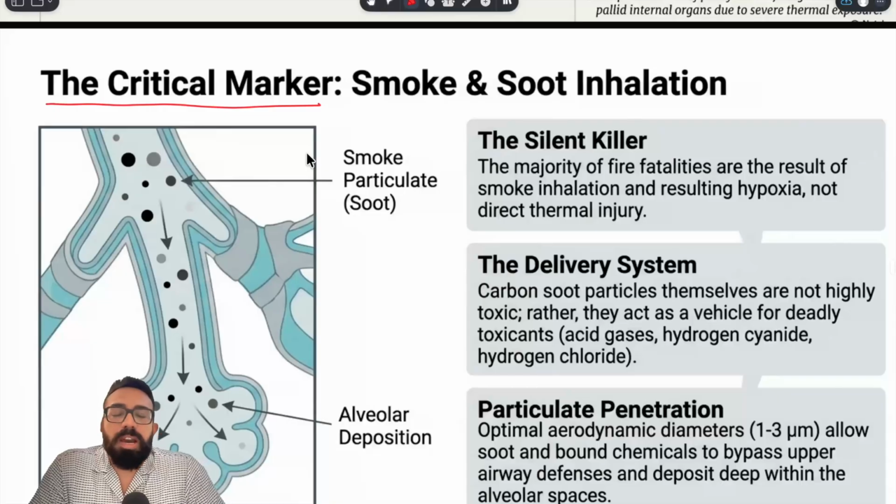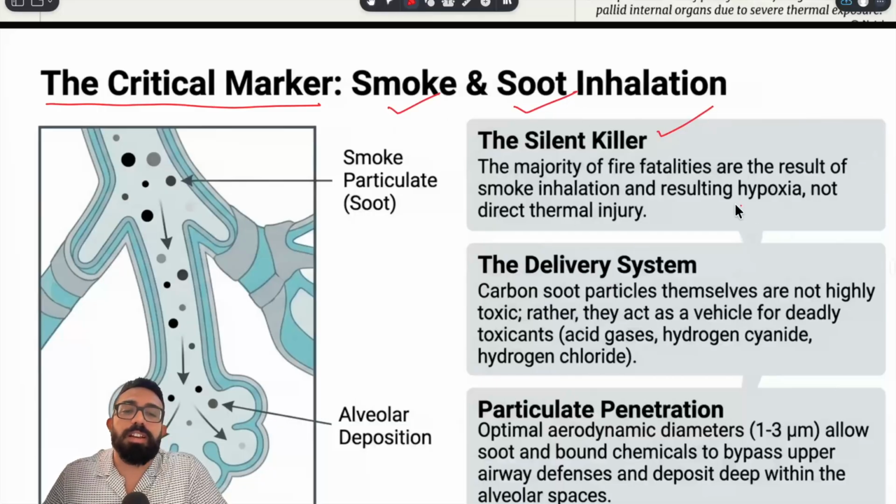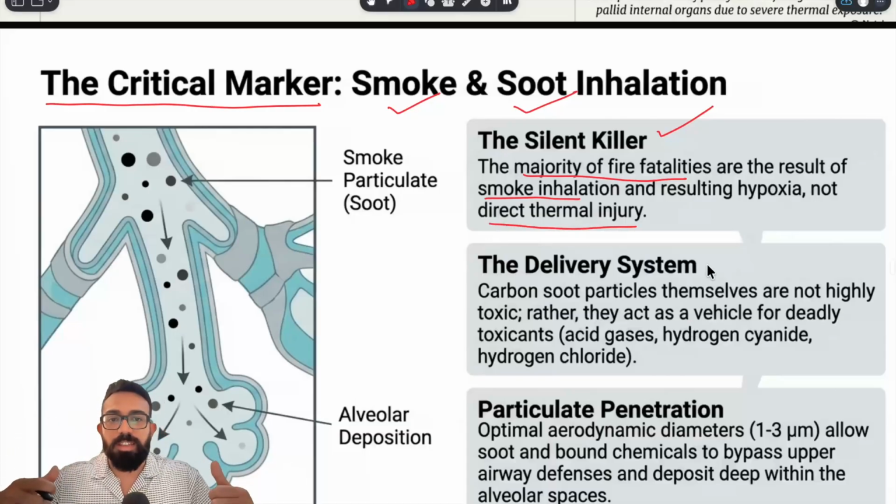The critical marker of burn, especially antemortem burn, is smoke and soot inhalation, and this is also a silent killer because in the majority of fire fatalities the death is due to smoke inhalation rather than direct thermal injury. Before the flames catch him, he is already unconscious and drowsy from the carbon monoxide poisoning. Remember this.